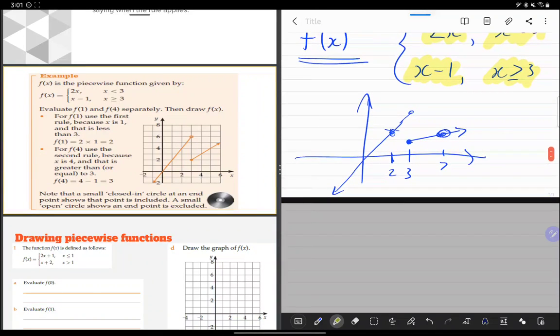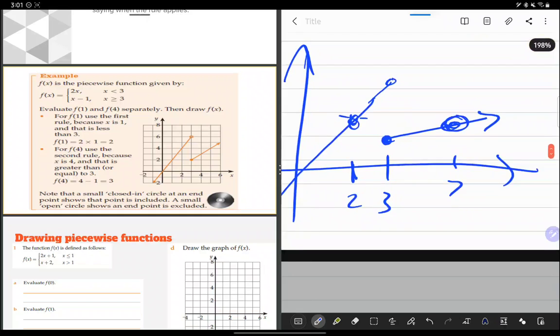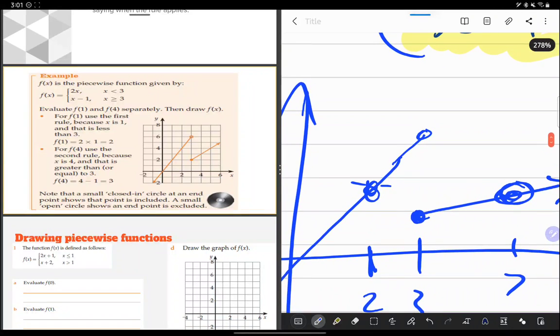Right, moving on. Oh, one more thing regarding this picture here. If you look real carefully, this graph goes very close to 3. But at 3, remember, this f(x) equals 2x graph doesn't actually have a value when x is exactly 3.